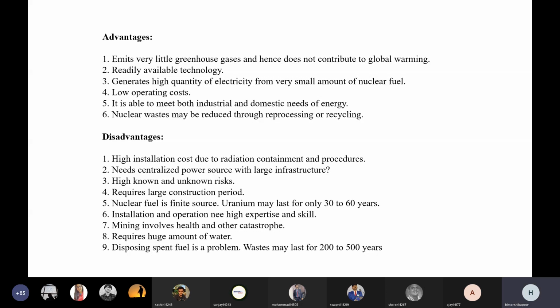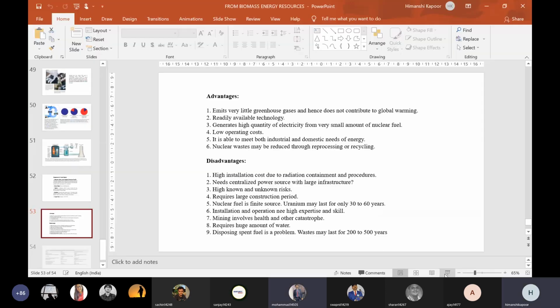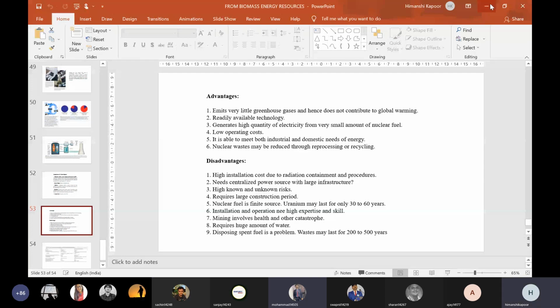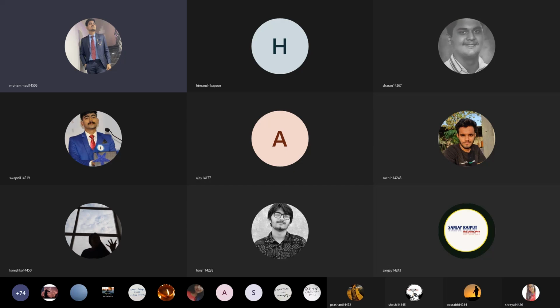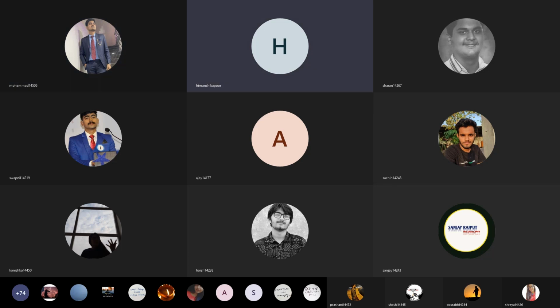Okay, so now coming to the advantages and disadvantages. So what are the advantages of nuclear energy? Ma'am, low cost carbon-free energy source, nearly zero carbon emission. Yes. So it is environmentally friendly and it is not contributing to global warming. So it is very efficient and it is producing enormous amounts of energy.